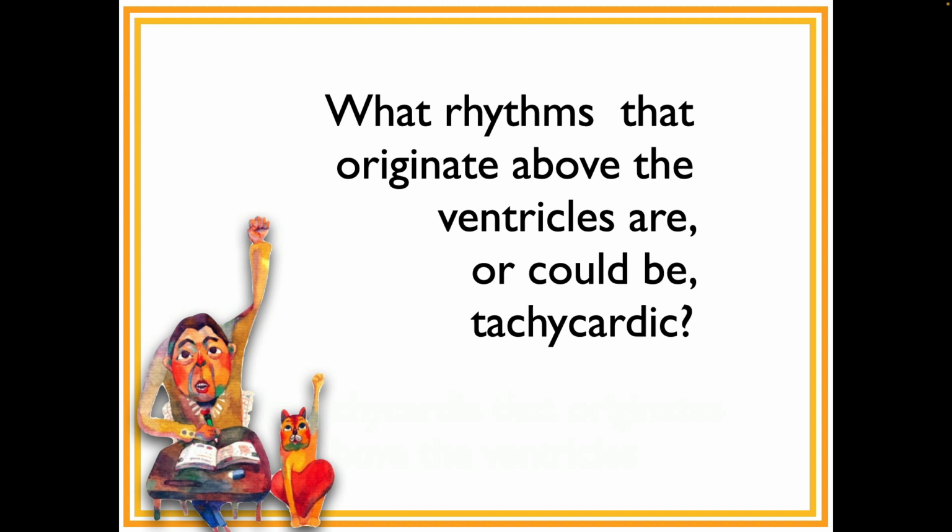So, Kay, give us one rhythm of any sort whatsoever that is tachycardic and originates above the ventricles. Sinus tach. Sinus tach, good. Haley, what's another? You think of the SVT rhythms, you can steal any of those. Atrial tach, okay? Abigail? There's a bunch of supraventricular rhythms that sometimes are slower and sometimes are faster.